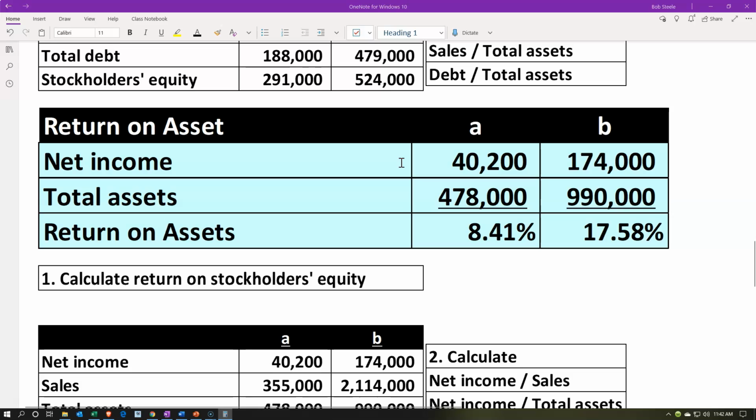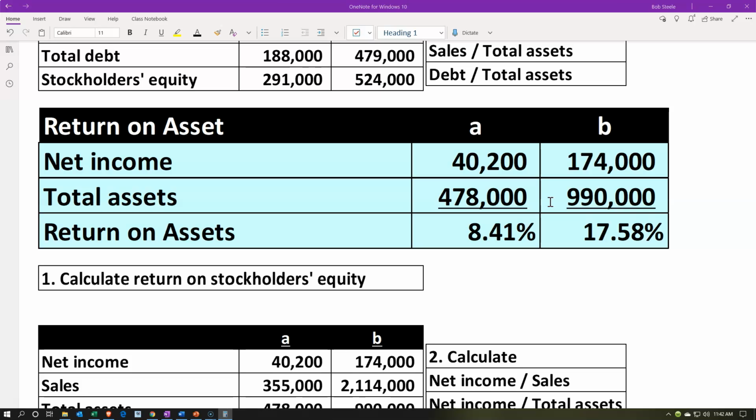Notice that if you were just to compare the numbers, you'd say, well, B's doing better because they're making more revenue. Or you might think, well, B's not doing quite as good, because they have a lot more assets that they need to generate that revenue. They took a lot more investment or assets in the company to generate that revenue.